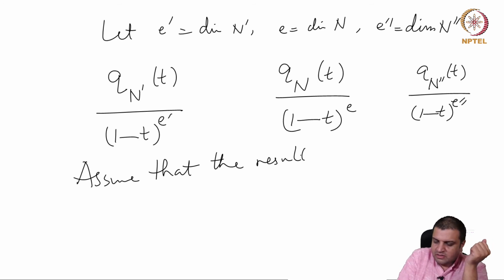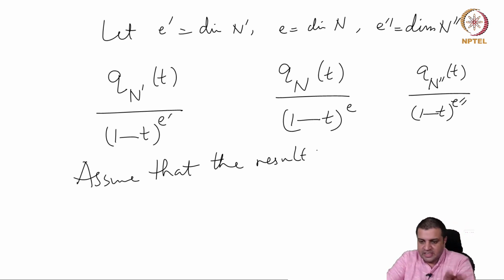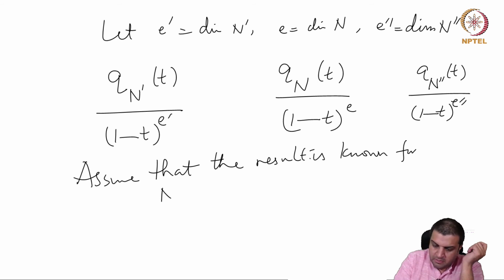This is not a correct argument, because we are doing an induction on dimension, so we have to check that dimension is preserved. But right now I am just suggesting how we will proceed if we can check that. Assume that the result is known for N' and N''.